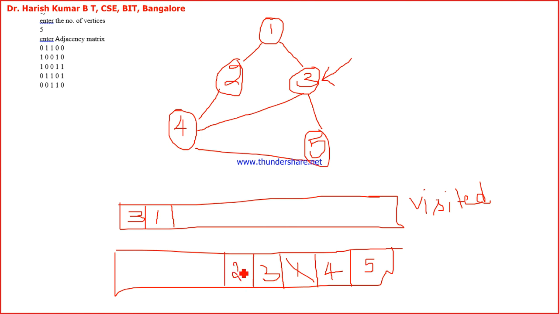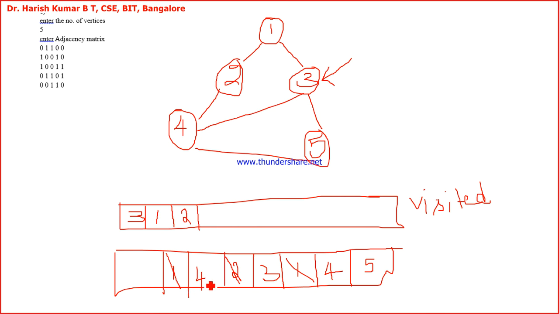Now the top of the stack is 2, and 2 gets visited and popped. The adjacent nodes of 2 are 4 and 1, so let me push 4 and 1. Next node to visit is 1. Since 1 is already visited, I just pop it.